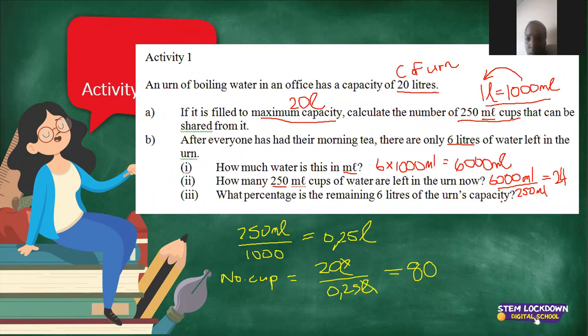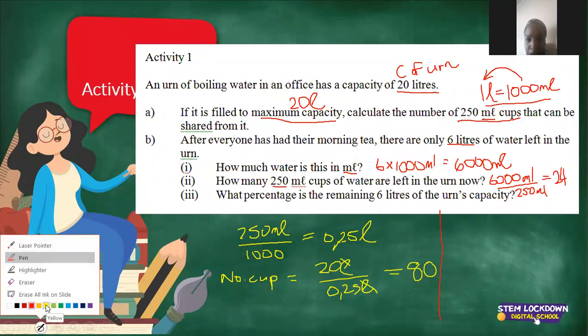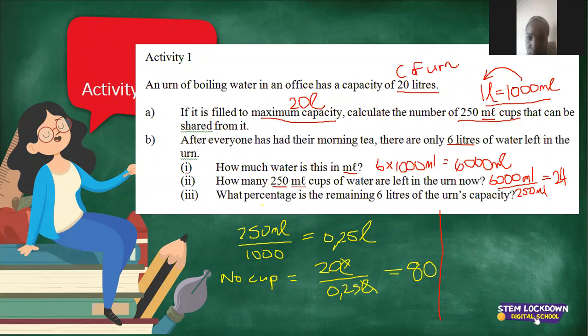Just give me your answer as a percentage. Let me give you a couple of seconds for this one. Just a few more seconds. Obviously, your answer must be a percentage.